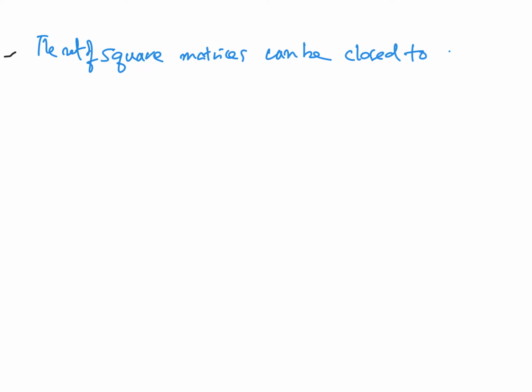So last week we have covered the basic arithmetic operations regarding the square matrices, and we found that square matrices can be actually the set of close to the four basic arithmetic operations on some particular conditions that specific form of the matrix is not zero.